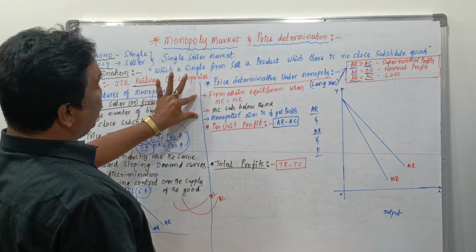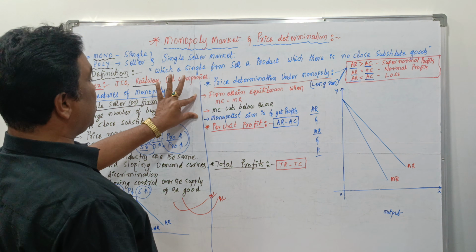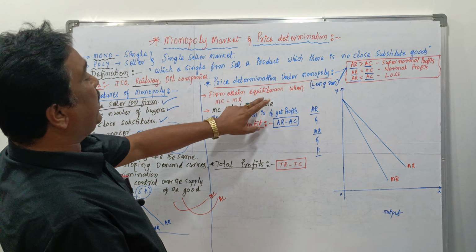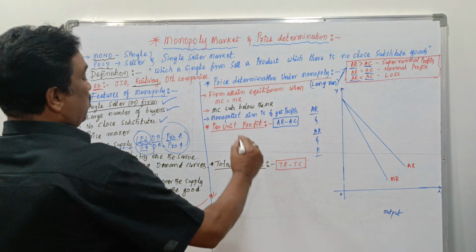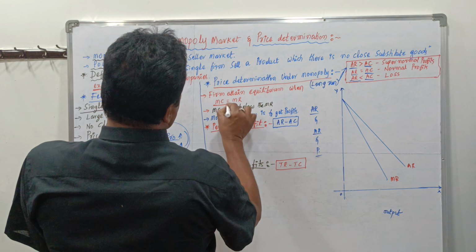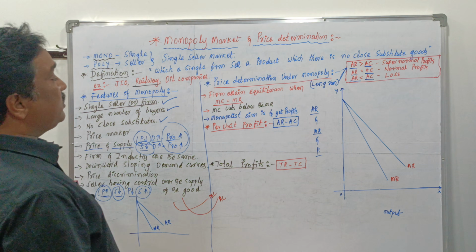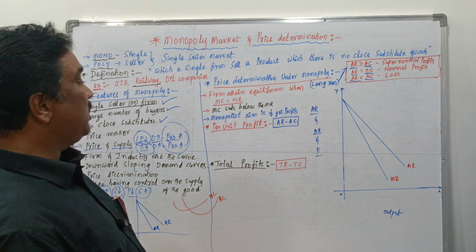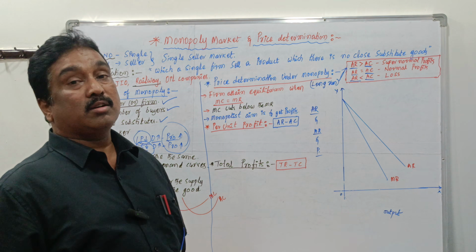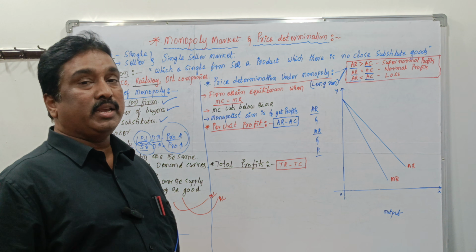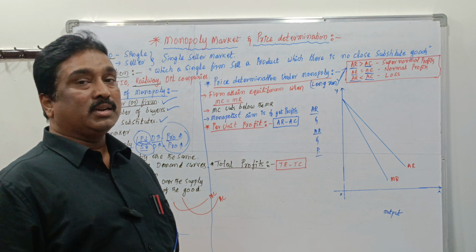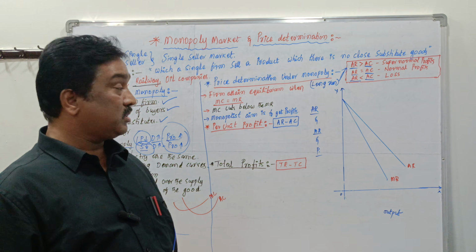So there are two conditions. First condition, a firm attains equilibrium when marginal cost is equal to marginal revenue. Marginal cost is nothing but the additional cost of producing an additional unit.